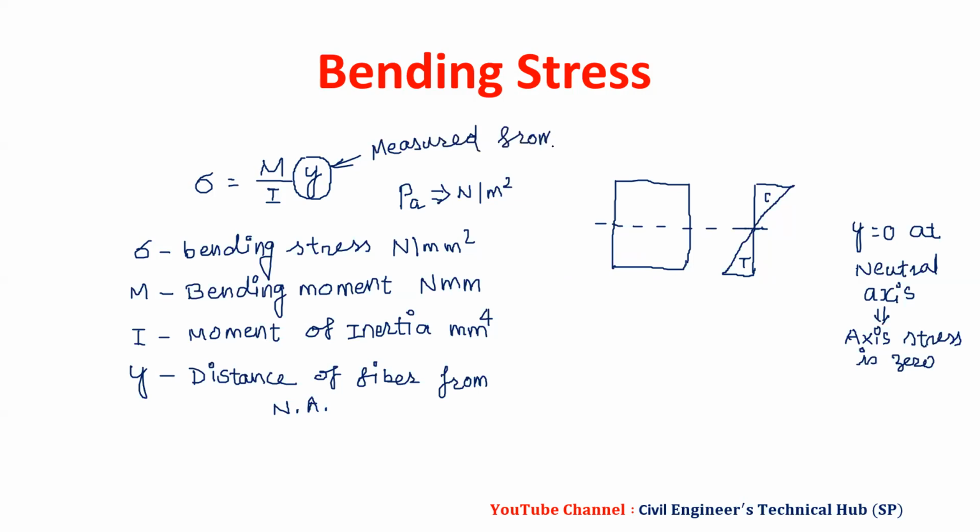And which is the maximum distance from the neutral axis? The topmost and bottommost fibers are the maximum distances from the neutral axis. So we have sigma max at the topmost or bottommost fiber, because this is y max. One is in compression, another is in tension.